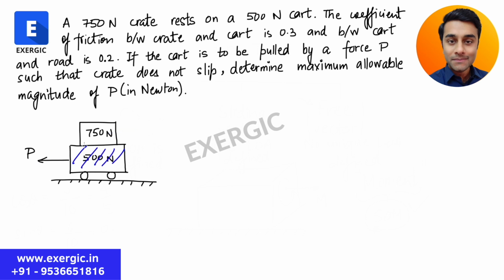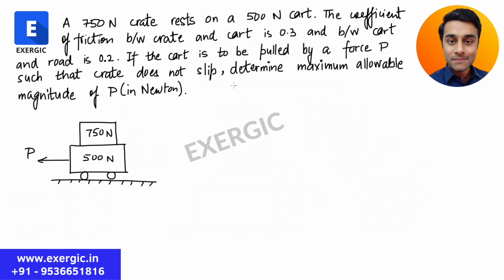As a result of friction between these two surfaces, the friction is holding the 750 Newton crate with this cart. When the applied force is high enough that the friction cannot hold the crate, it will start slipping backwards. You have to tell the point when it will just start slipping backwards.